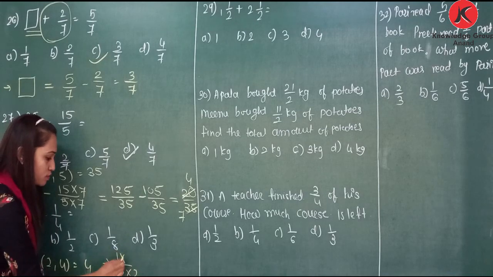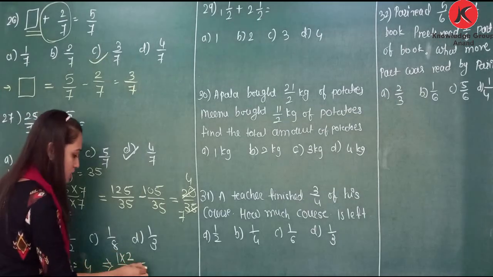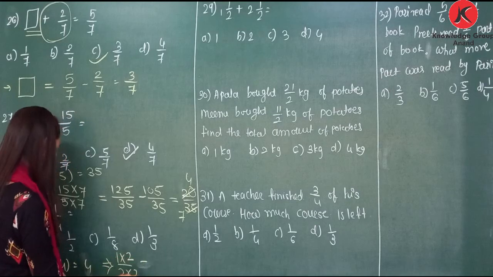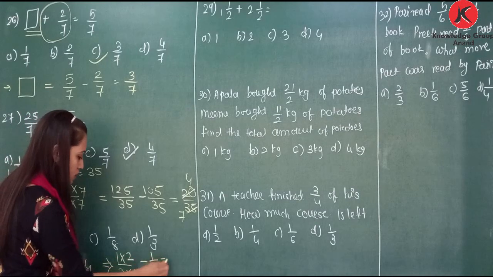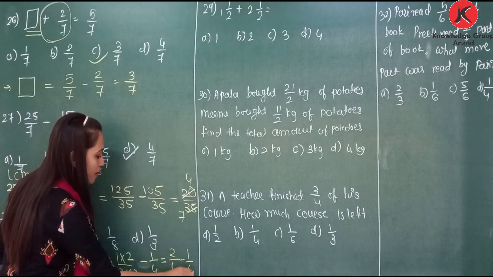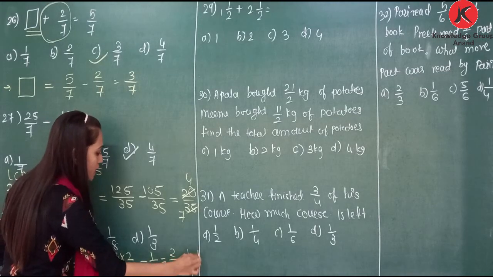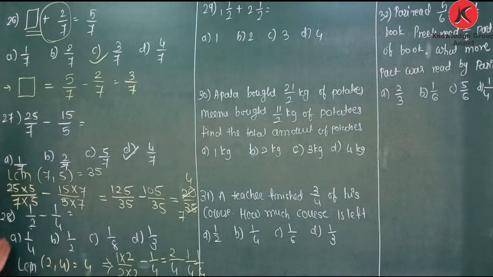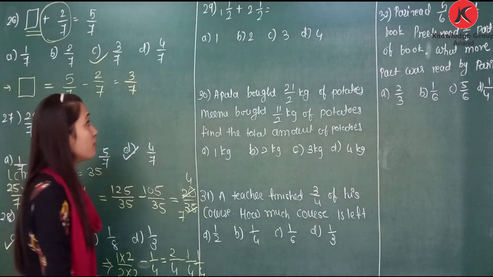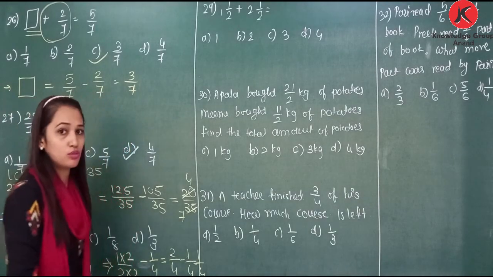So the same number we should multiply in the numerator. It is 1 multiplied by 2, minus 1 by 4. So it is 2 by 4 minus 1 by 4. Now 2 minus 1 is 1. So the answer is option.